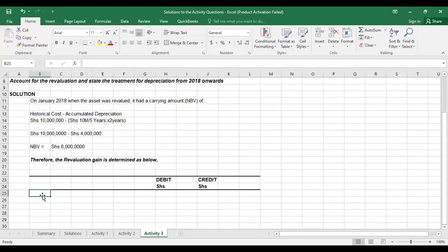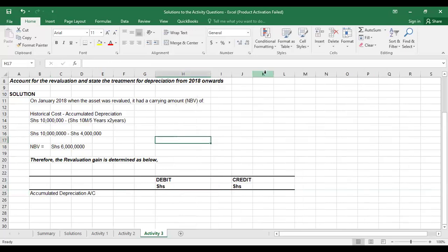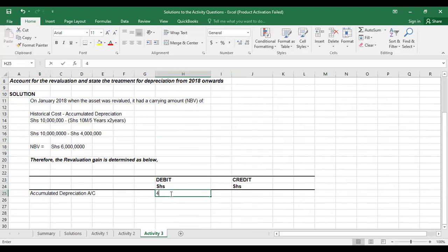So our accumulated depreciation account, which we normally account for, I think, in the statement of profit or loss because it's an expense, will be debited because it's an expense, like I've said. It has a normal debit balance, 4 million.